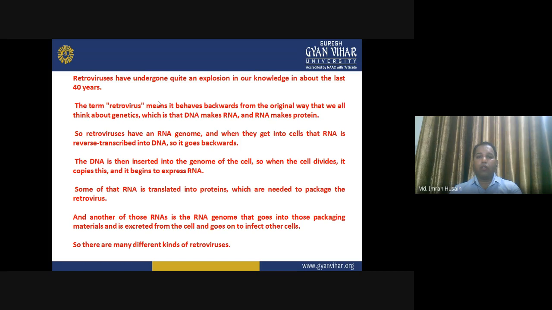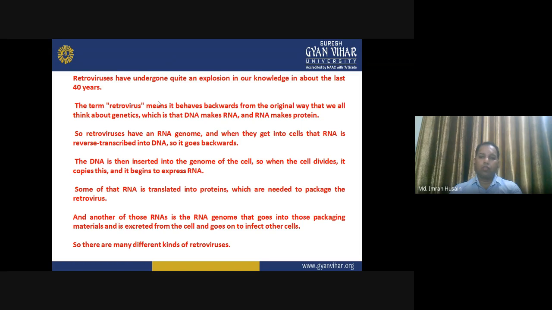Retroviruses have an RNA genome, and when they get into the cell, that RNA is reverse transcribed into DNA, so it goes backwards. The DNA is then inserted into the genome of the cell. When the cell divides, it copies this and begins to express RNA.